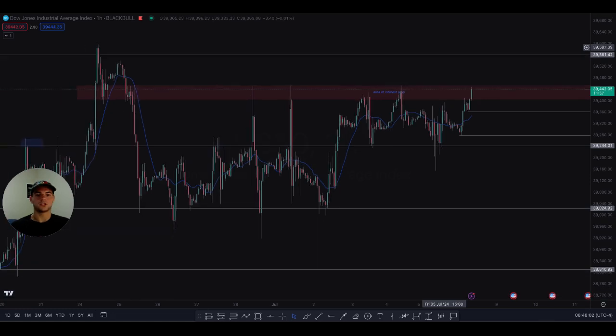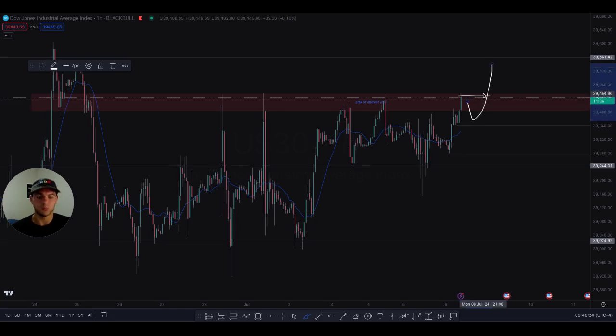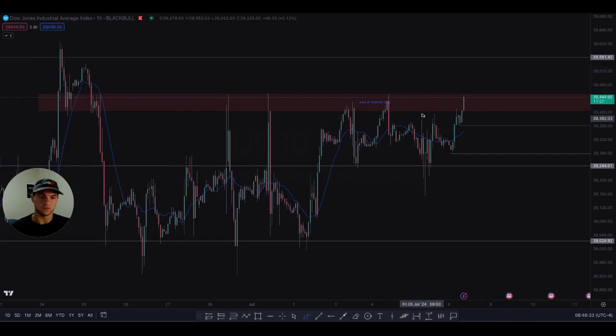All right, so we're just waiting right now for the break of this whole area of interest over here. If we break above, again waiting for that retest for the buys and then push up, because I don't want to enter at a high. Like, I don't want to enter here and then price just comes down, collects more orders, and then we move up. It would make a lot more sense for me to enter over here when price dips down and I have that entry, and then price moves up, right?